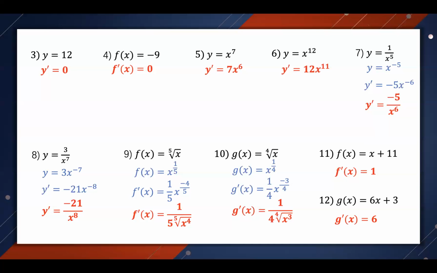So g prime equals 6. For number 13, f of t equals negative 2 times t squared plus 3t minus 6. So f prime of t equals negative 4t plus 3 by using the power rule and the constant rule.